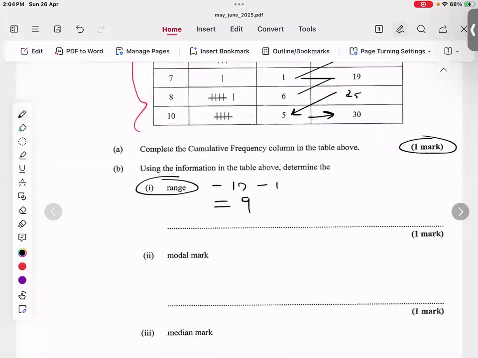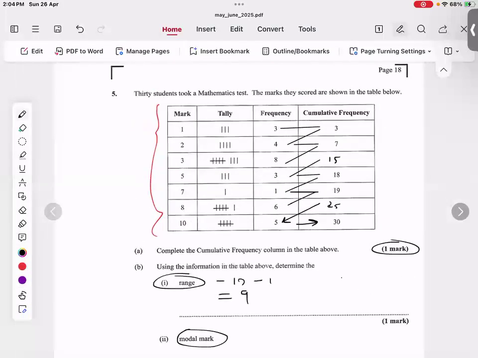Right? Easy, 1 mark there. Modal, no. The question is, what is the modal mark? The question is, which one of these scores that is in the first column occurred the most? We want to know which score had more people scoring that, having that score than anything else.